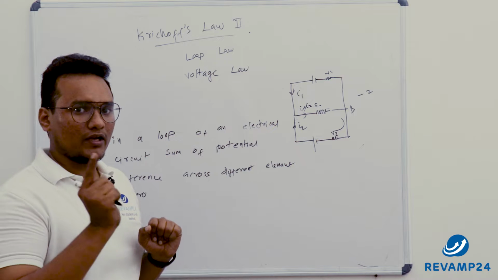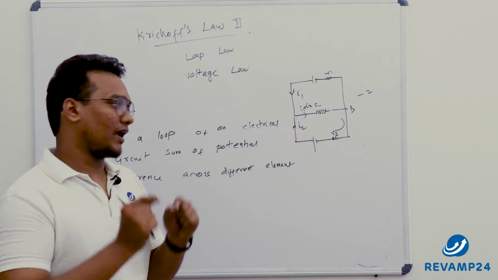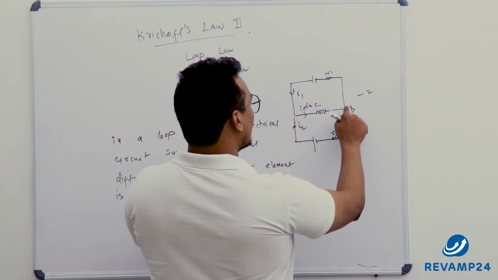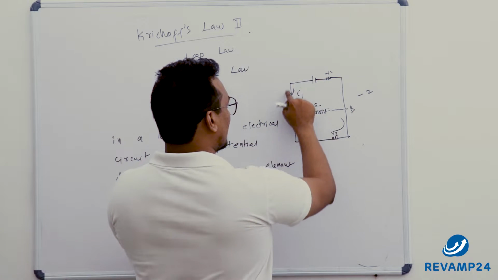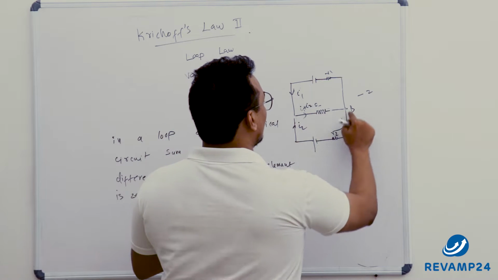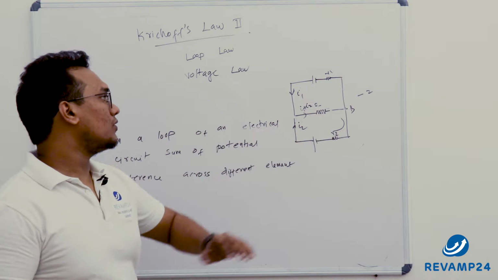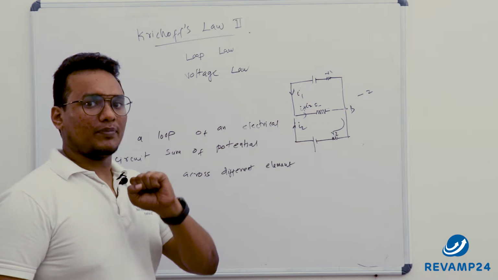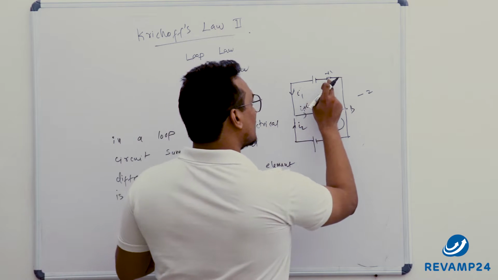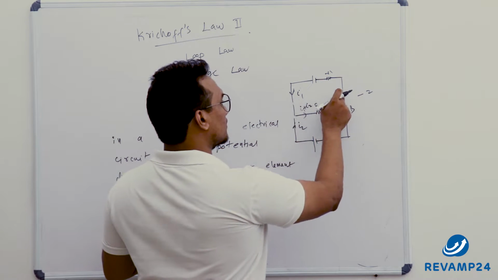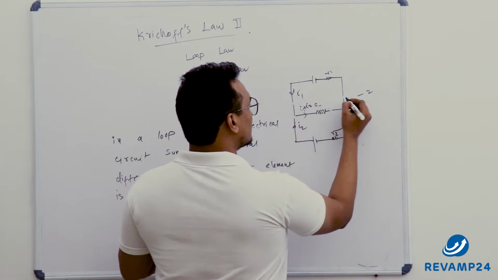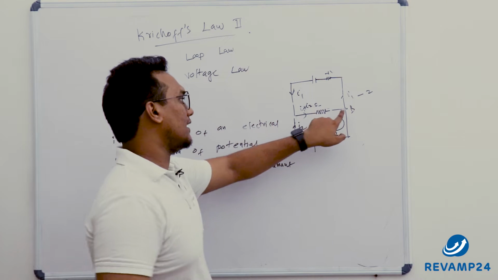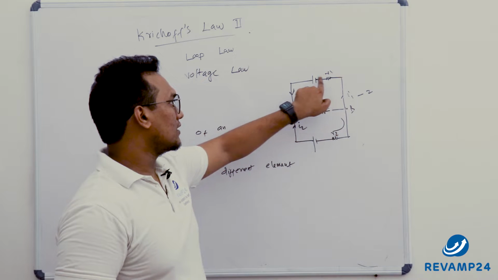Previously I explained a very important concept, that is the concept of a branch. A branch is nothing but the part in between junctions. So all the elements in between the junctions from A to B form one branch, and this is another branch. I also told you that the current in all the elements across a branch will be the same, which means the current through this one is equal to this one, is equal to this one. If I1 is entering the branch, it goes through and leaves in this direction. Similarly, I2 enters its branch and goes in this direction.